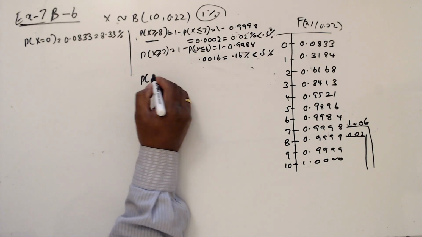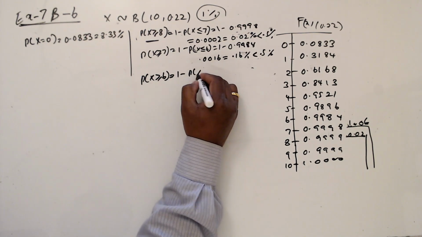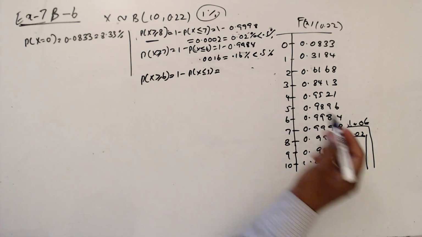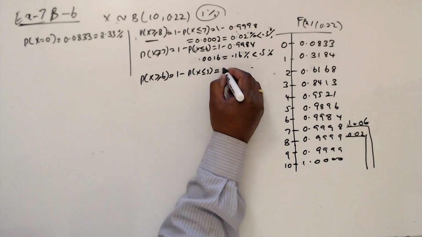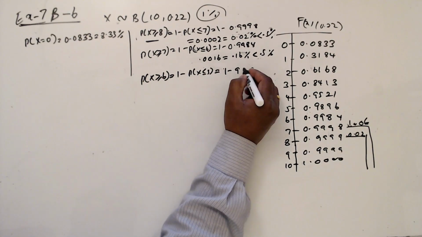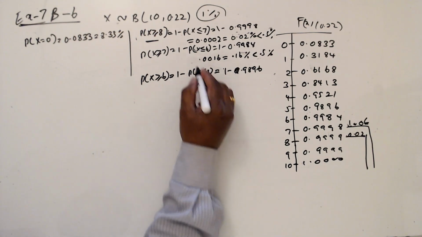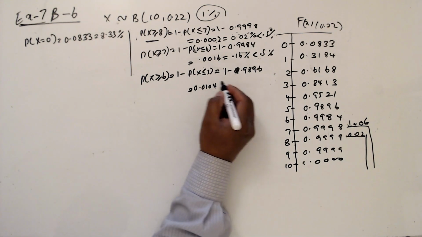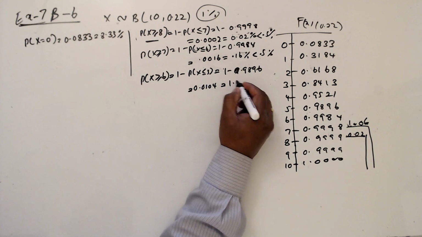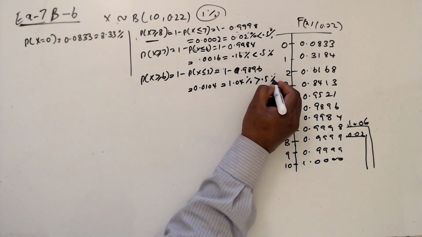Then probability x greater than or equal to 6 equals probability x less than or equal to 5. That is 0.9896. 1 minus 0.9896 is going to be 0.0104, as a percentage 1.04%, and greater than 0.5%.